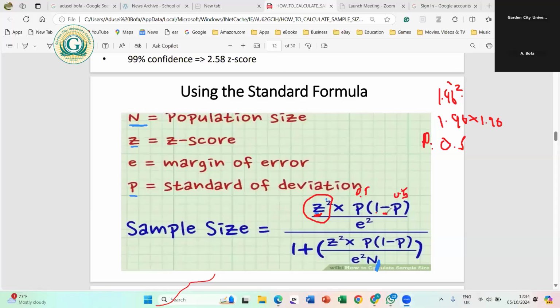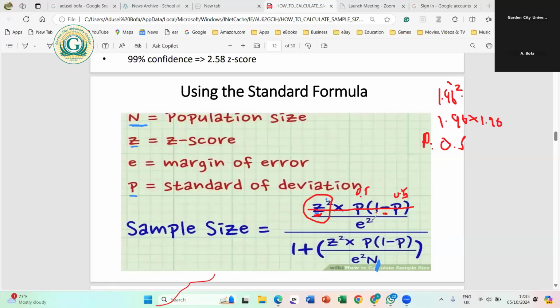Then you will see that at the end of the day, you get only two figures because you've multiplied this by that. Then you can multiply everything at the top, and you get a number. Now the error, if it is 5%, then it means that it is 0.05.